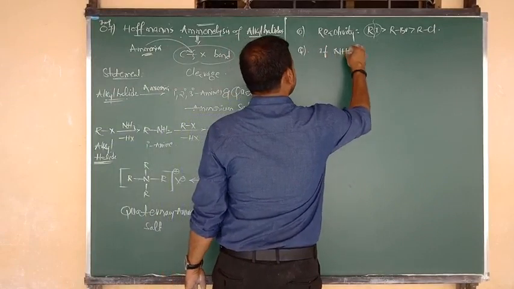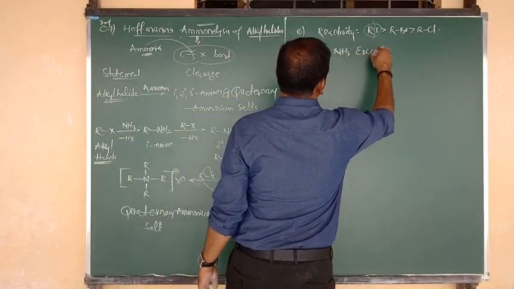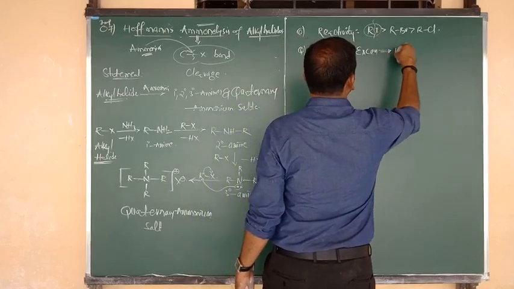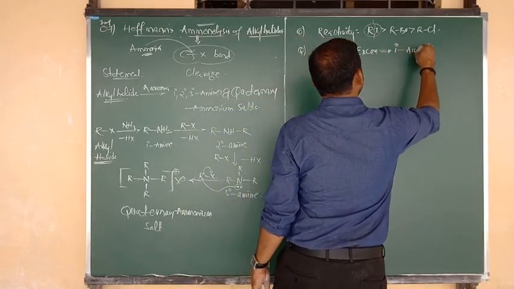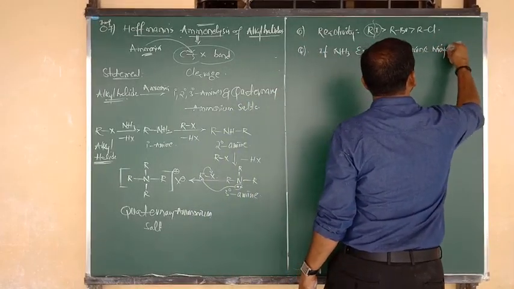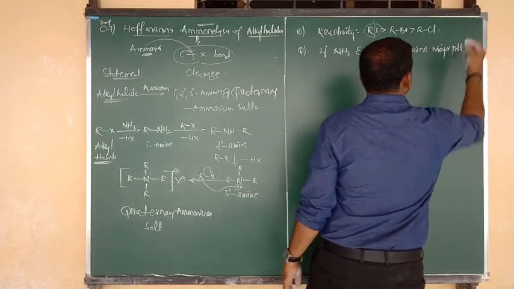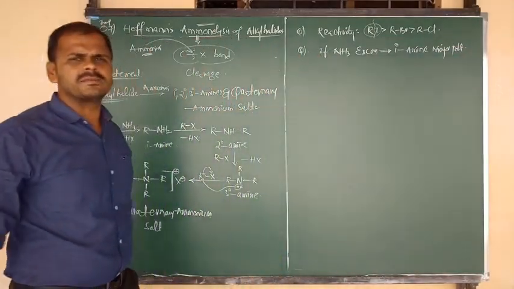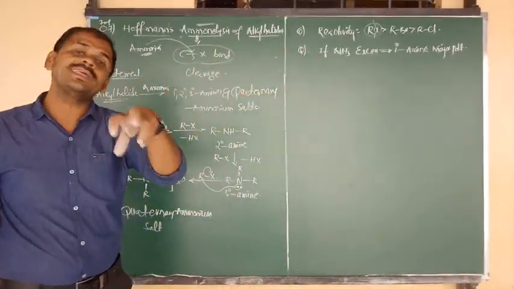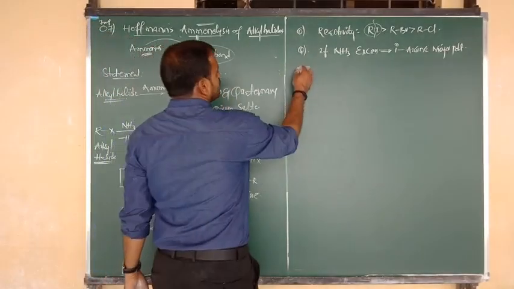If ammonia is taken in excess, what will be the major product? Primary amine will be the major product. So in ammonolysis, primary amine is the major product if ammonia is taken in excess concentration. Right, next, let's continue.